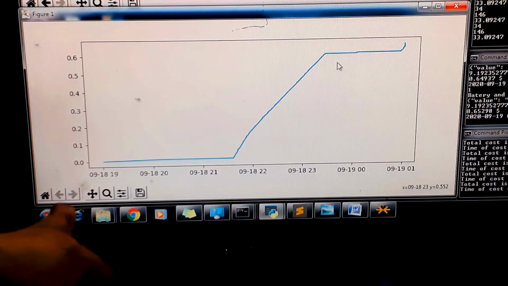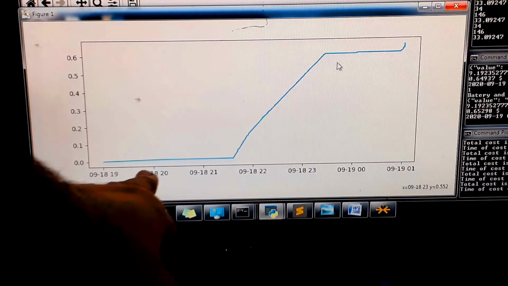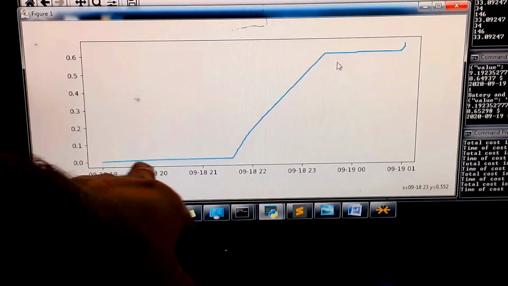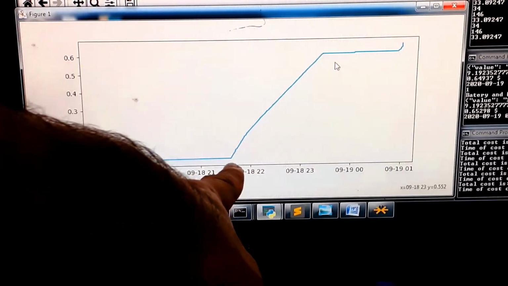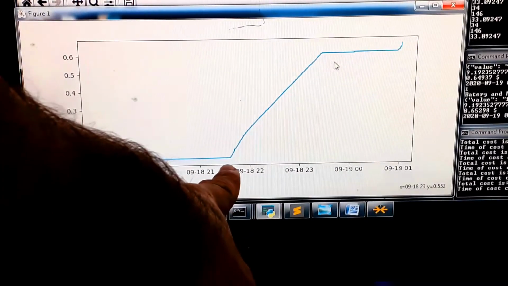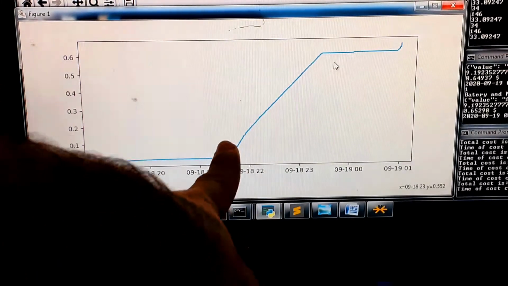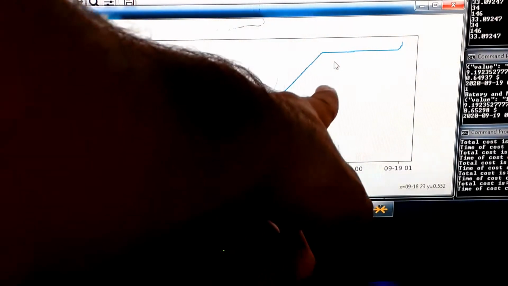Over here you can see initially it was 0, it increased. During this period the motor and the heavy machines were not on, so this is 0. Over here I turned them on, and then I again turned it off.